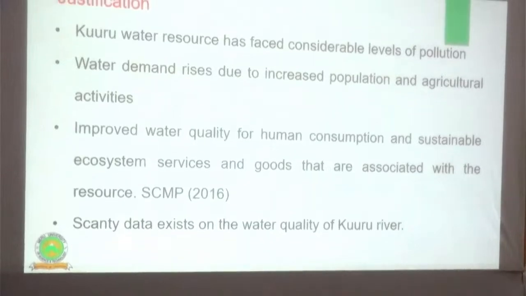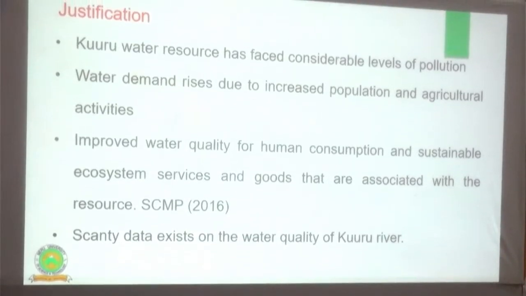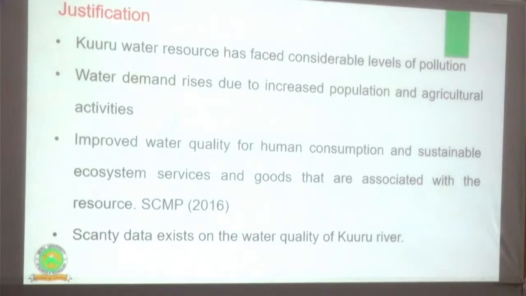Justification of this study: the Kuru water resource has faced considerable levels of pollution, and water demand is rising from the population growth within the area and the agricultural activities, which are the main economic activity for the population within the study area. There is a need for improved water quality for human consumption and sustainable ecosystem services and goods associated with the resource.